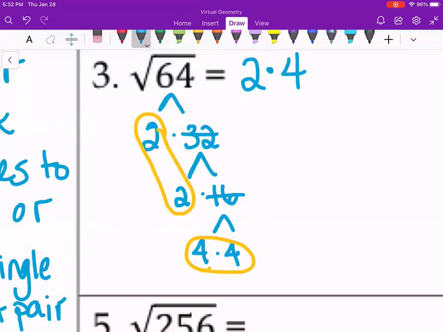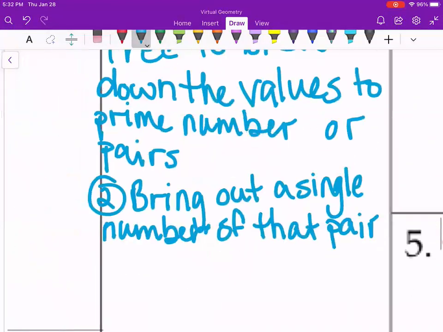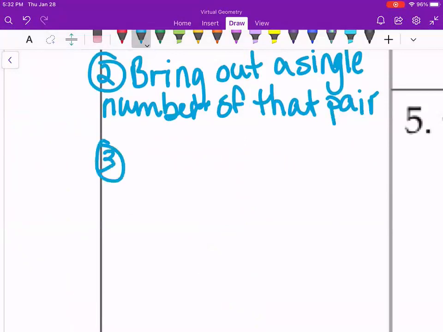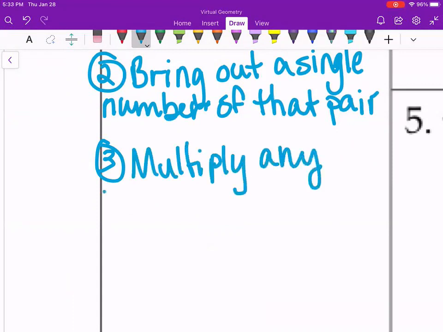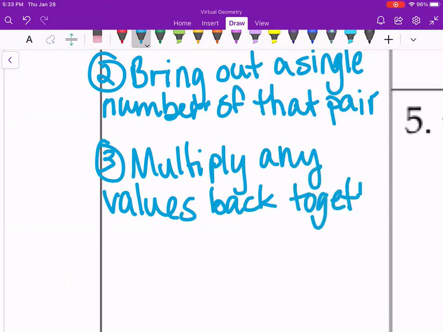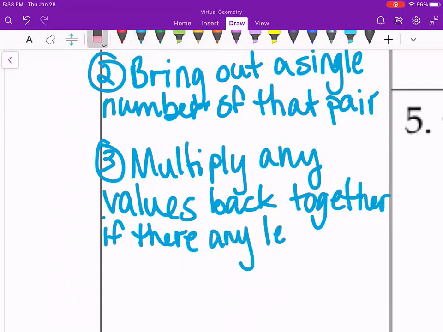And this is our next step. If we have more than one value on the outside, we multiply any values back together. Multiply the values back together if there are more than one on the outside.